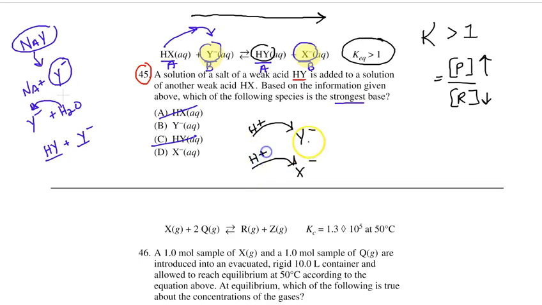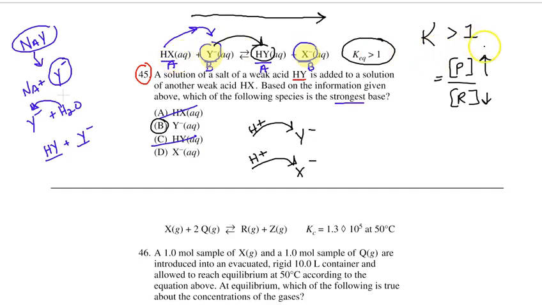So who is the better base? We would say Y negative is the better base, and hence the answer, because it's able to create HY by absorbing protons better than X negative is able to hook up to and pull protons and reform HX.